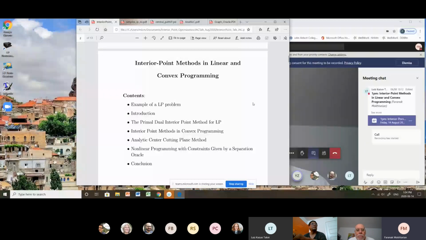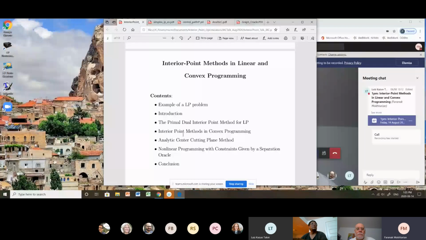Okay. So the topic of the talk is interior point methods in linear and convex programming. I'm going to start with an example of a linear programming problem, some introductory topics to optimization, then the primal dual interior point method for solving linear programming problems, and then interior point methods in convex programming.